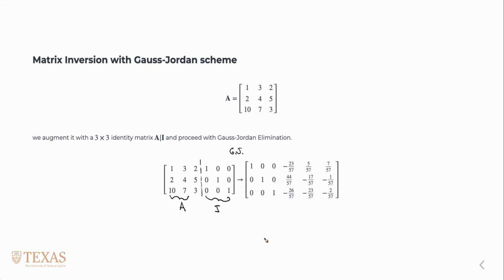In this case, we don't do anything different than we did before, so I'm omitting all the steps. What we'll end up with is a matrix in reduced row echelon form, where this is the identity matrix and this is the inverse of A. So we can use Gauss-Jordan with no changes from the way we use it to solve systems of equations to also find matrix inverses.